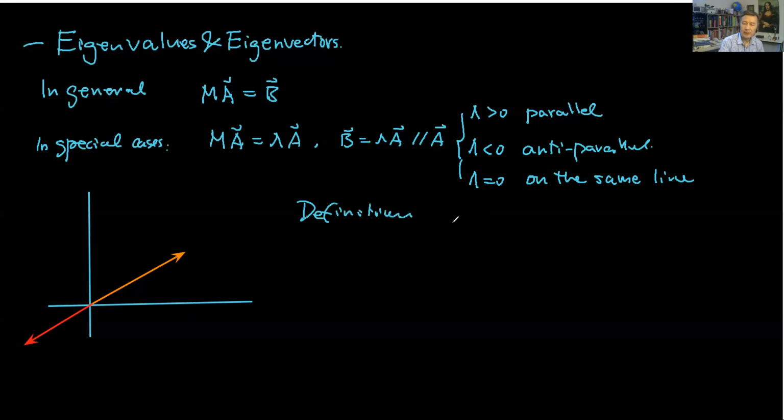In general, we use X as the vector, the capital X. Lambda is called the eigenvalue, that is the definition, and X, the vector, is called the eigenvector.